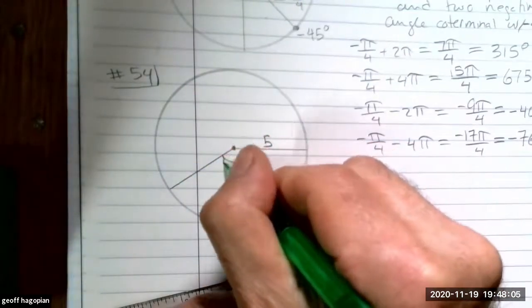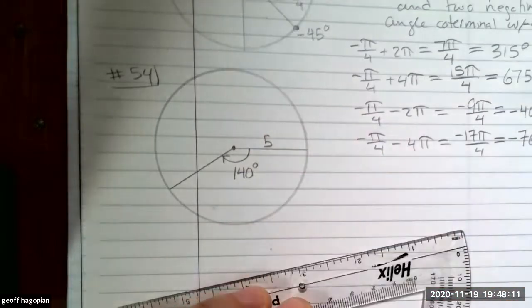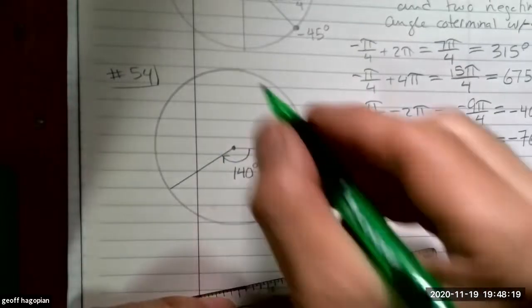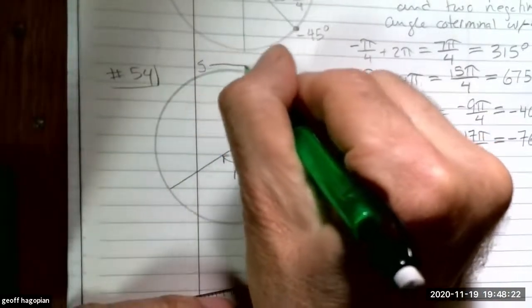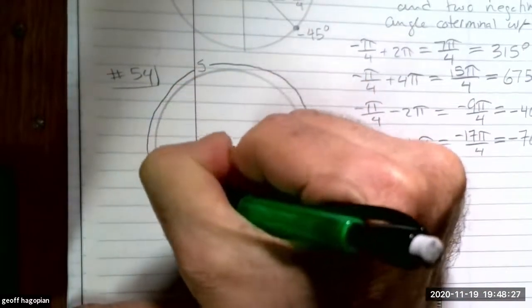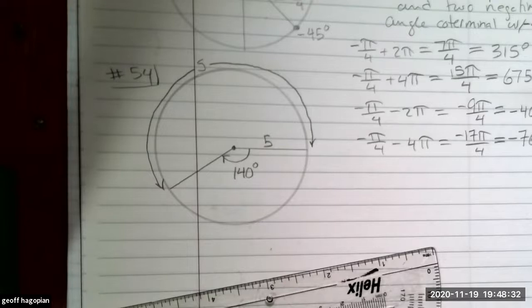And they say this is 140 degrees. Certainly is obtuse, kind of like me. And so they want to know, what is this arc S extending around from here to there? So I guess there's a couple of ways we could compute S here. We know that the circumference of a circle of radius 5 is 10 pi, right? 2 pi r, where r is 5, that's 10 pi.